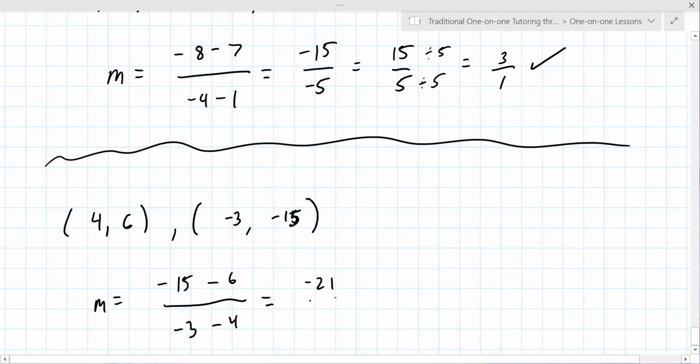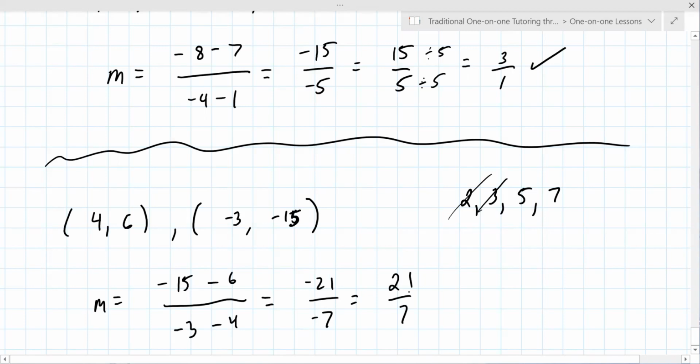So minus 21 over minus 7. It's definitely 21 over 7. And here are the numbers I said to check. So I agree, 2 doesn't work. 3 works for 21, but not for 7. 5 doesn't.